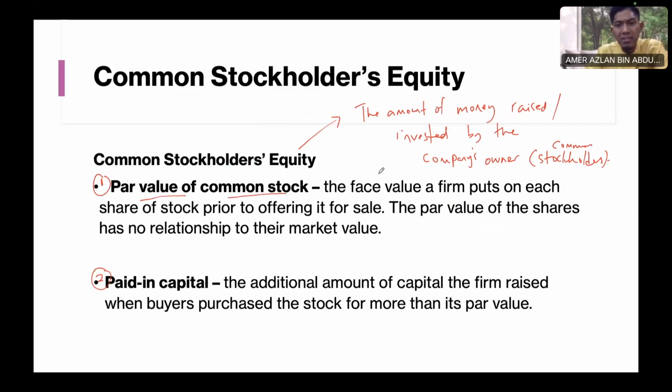What does it mean? Par value of common stock is the face value a firm puts on each share of stock prior to offering it for sale. The par value of the shares has no relationship to the market value. So let's say the company has 45 million outstanding shares.